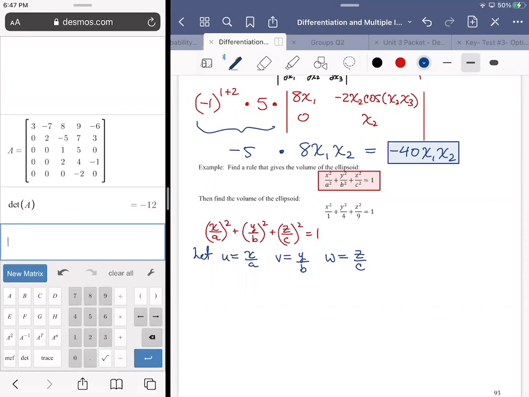Now, there is an orthogonal relationship between these three vectors, u, v, and w. But what we would actually do is write our function in terms of those vectors, because if I take some vector u and find the cross product between that vector and v, I would get vector w as a result.